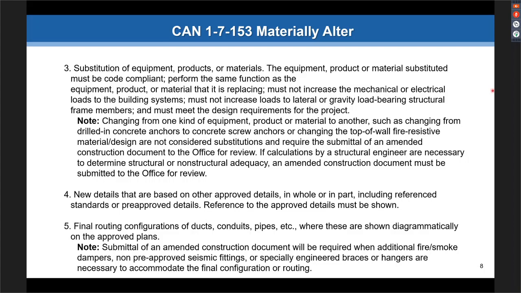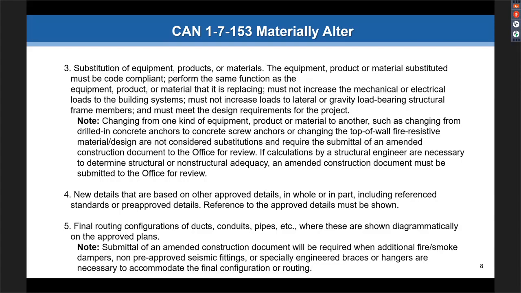The exception to this is if there are additional fire smoke dampers required and pre-approved seismic fittings or specially engineered braces or hangers. Those would be considered material changes once you start adding fire smoke dampers, etc.